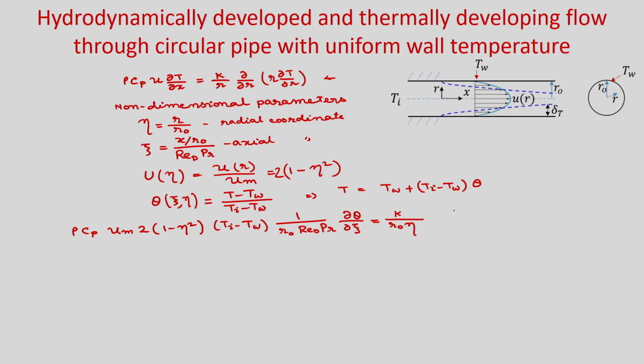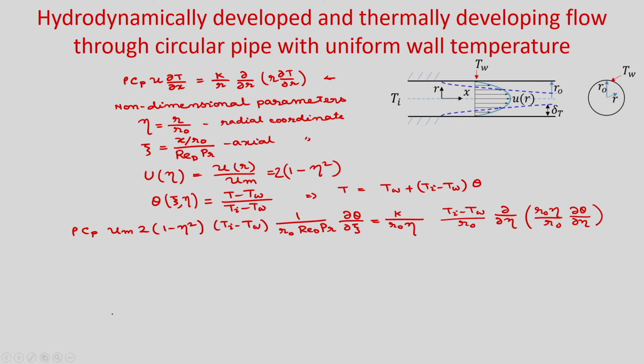Okay. And now del of del r del T by del r. So, that you can write as T I minus T w divided by r naught, del of del eta, r naught eta by r naught del theta by del eta. This we have carried out in last class as well. Okay.